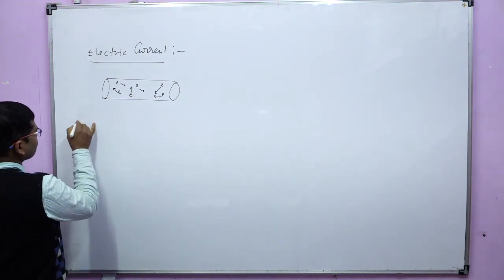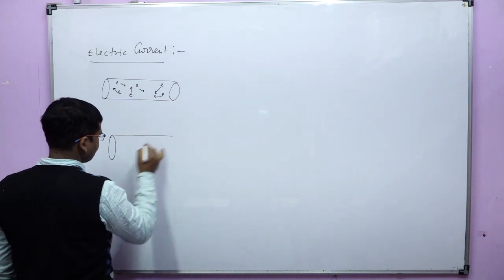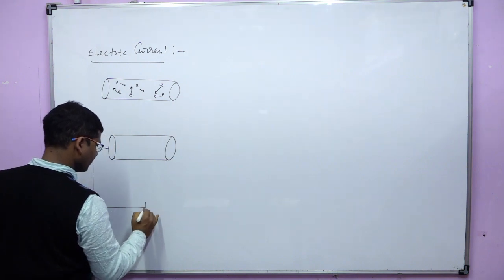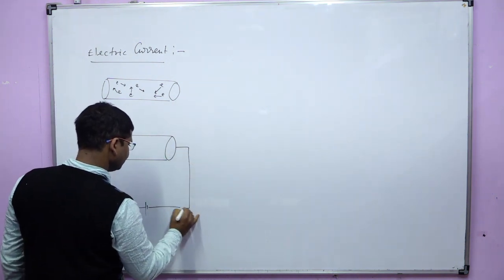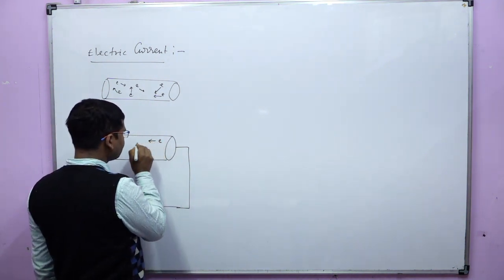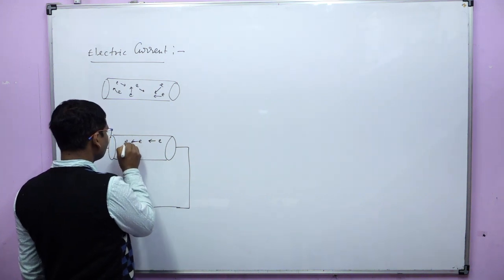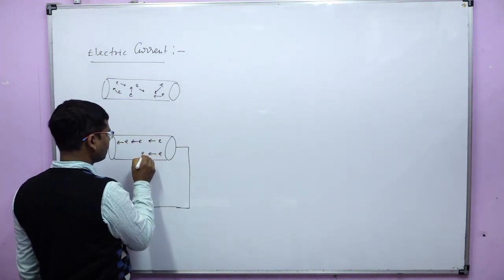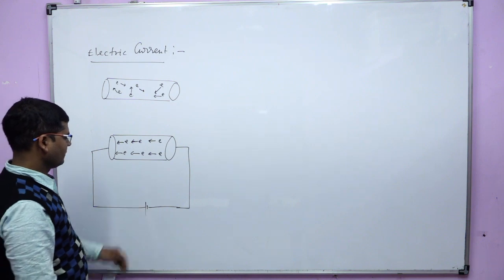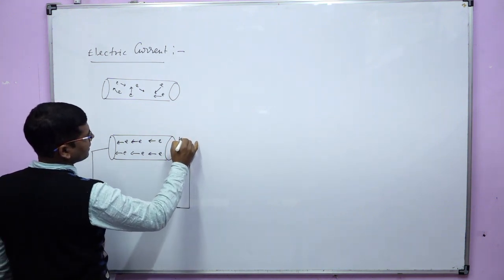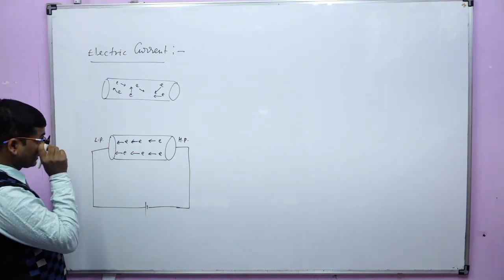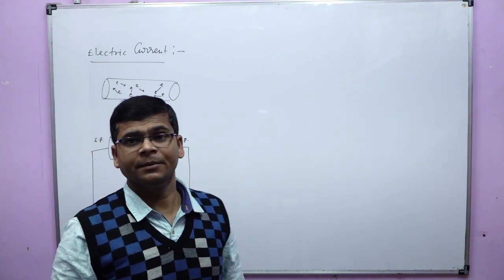But when that same conductor is connected to a source of current, then what do we find? You will find electrons start moving in one particular direction, that is, from the higher potential region, that is negative, towards the lower potential region.